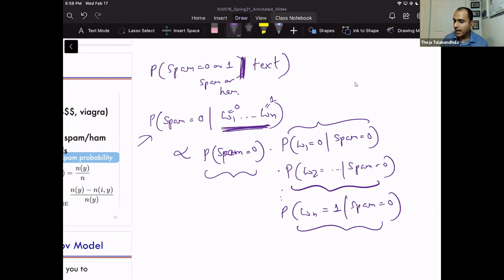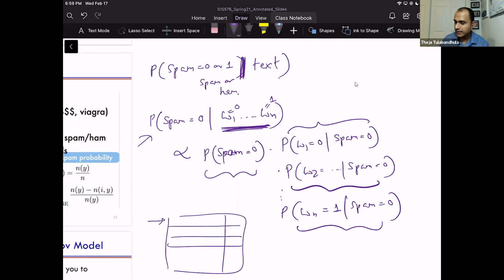At training time, I have a table, right? So let's say each sentence corresponds to an example. I have a table where word 1 all the way to word n. For example, this is 0 or this is 1, and maybe 0, 1, 0, 1, and so on. And let's say this is spam.